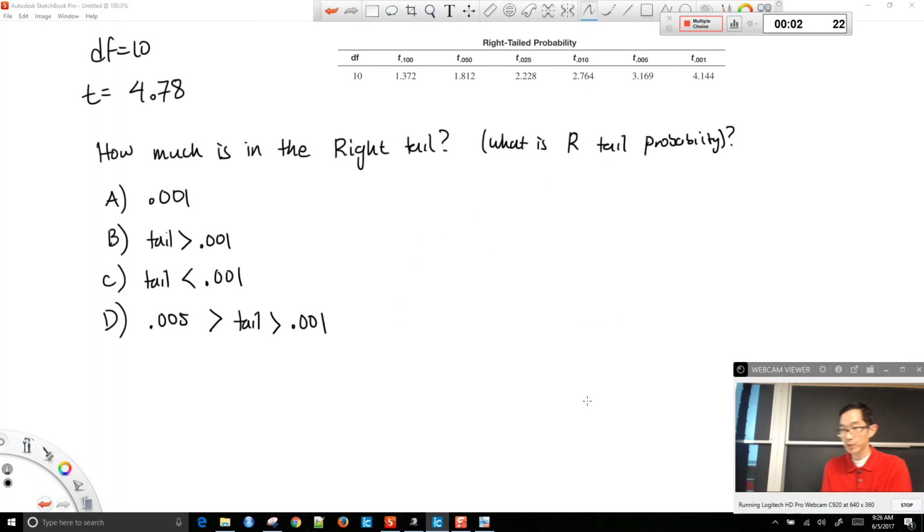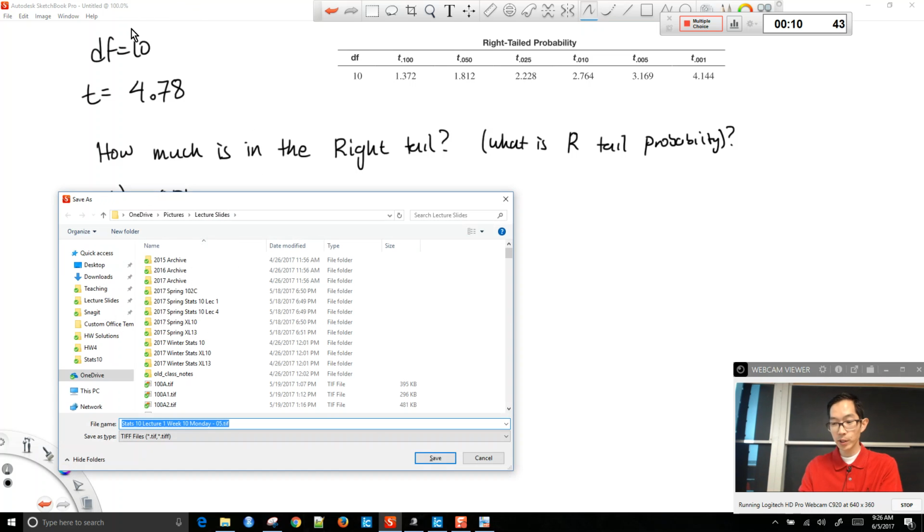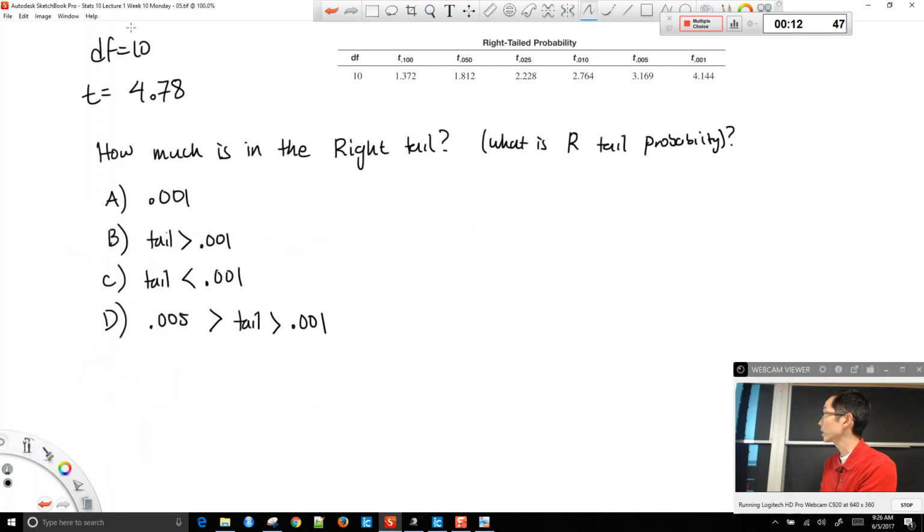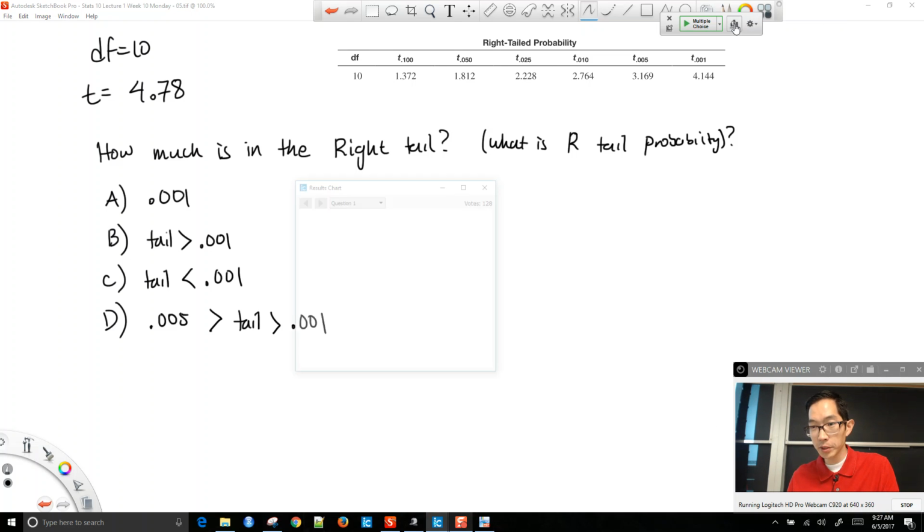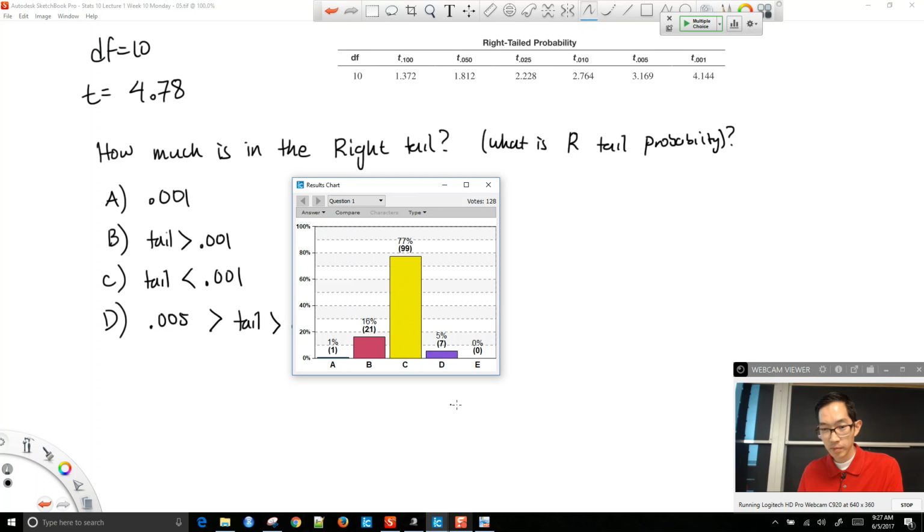Okay, so you can discuss with your neighbors if you need to. How much is in the right tail? What is the right tail probability if t is equal to 4.78, and you have 10 degrees of freedom? Okay, let's see how you guys responded. Okay, and the correct answer is C.